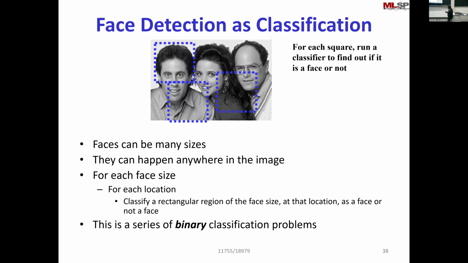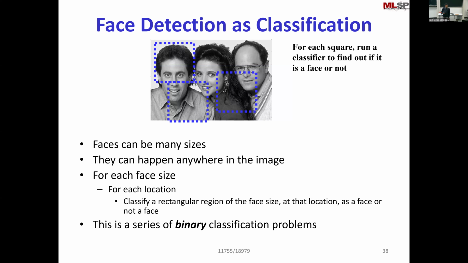So this is what happens, right? When we are trying to scan, faces can be many sizes. They can occur anywhere in the image. So you'd be scanning the input for each face size at each location. You're going to be looking at each rectangle and classifying it as face or not face. And if it was classified as a face, then you detect a face.